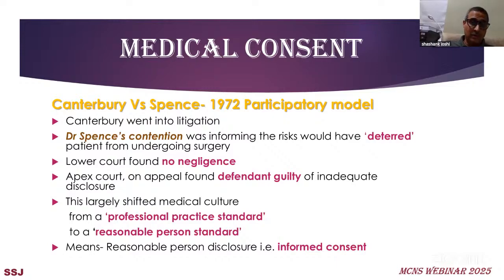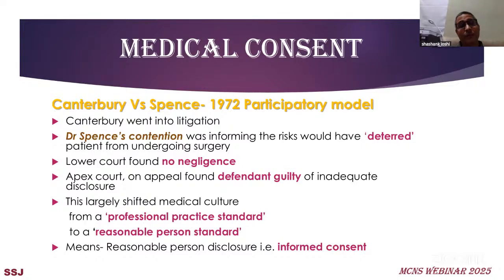During the inquiry, the treating surgeon was contending that informing the risk of weakness or paraplegia would have deterred the patient from undergoing surgery. So according to him, whatever he had done was in the best interest of the patient. The lower court found there was no negligence.